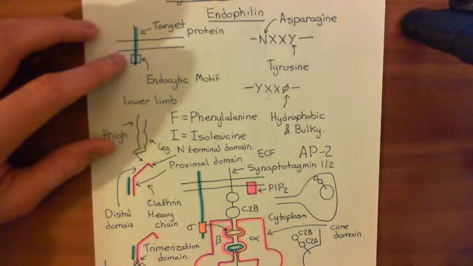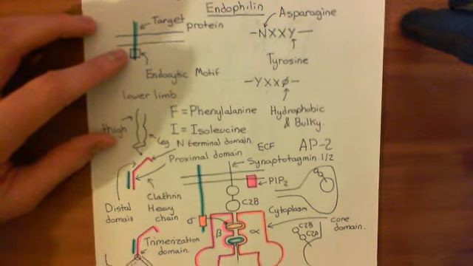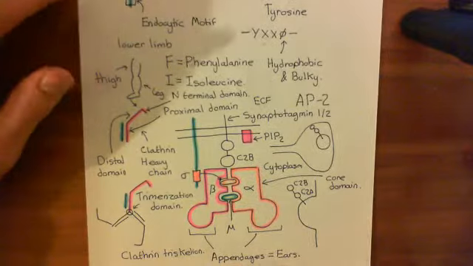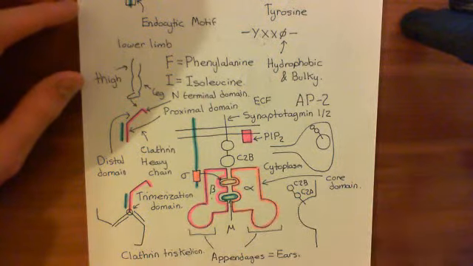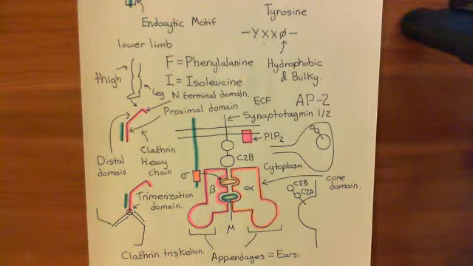And this endocytic motif will tell the adapter proteins within the cytoplasm of the cell that this protein needs to be endocytosed. So these adapter proteins are in complexes, and the protein complex that is specifically involved in endocytosis at the plasma membrane is the adapter protein complex 2.